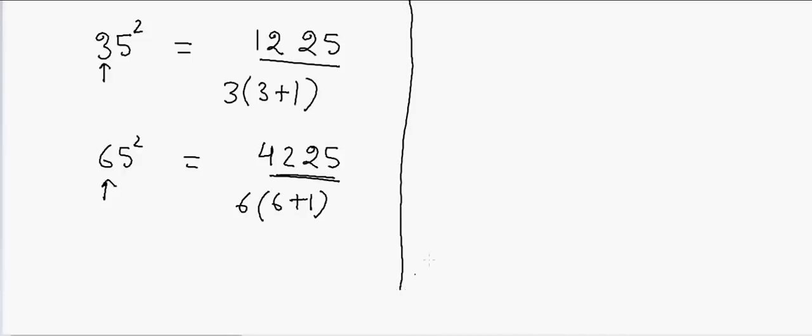So how does this trick work? Let's look into that. Suppose we have any number which ends with 5, so that number can be written as 10x plus 5. Here, if x is equal to 3, then this number will be equal to 35, right?